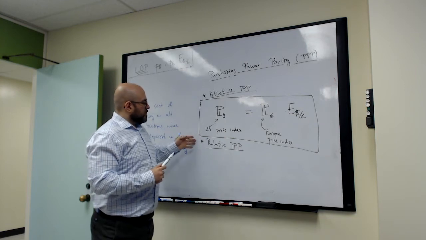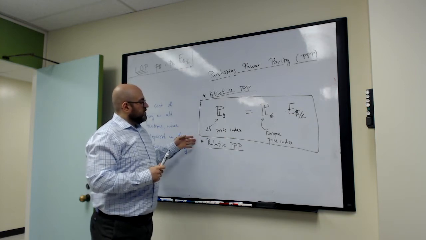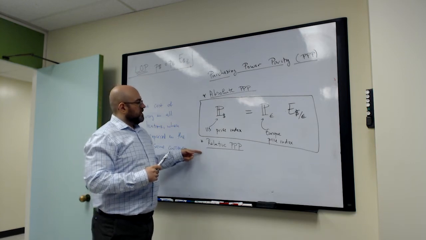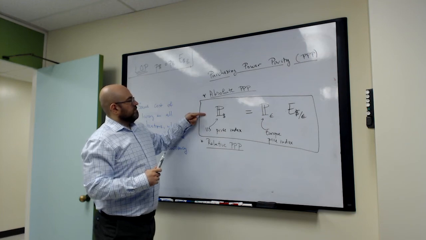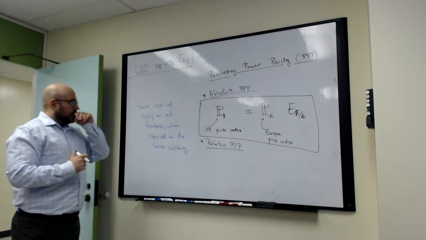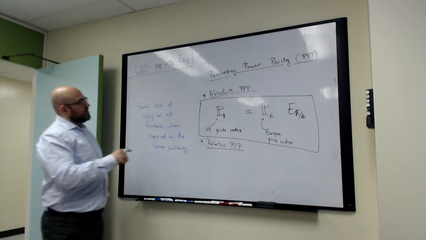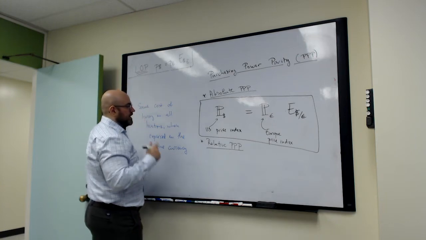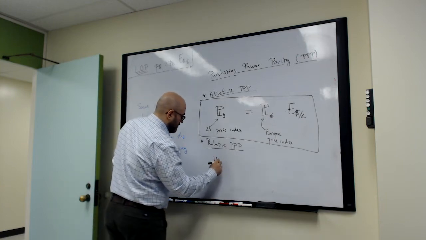We're also going to work with relative purchasing power parity. The relative purchasing power parity is essentially the absolute one, but expressed in growth rates. So then what we get is the following. The growth rate of the left-hand side is the rate of inflation in the US.